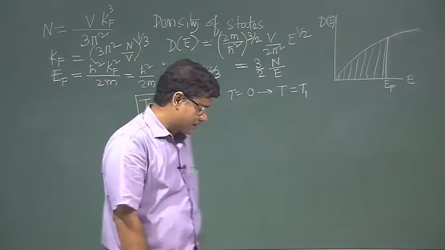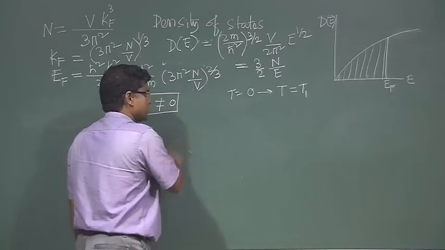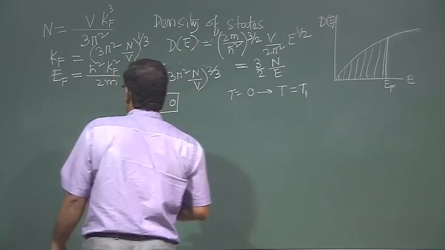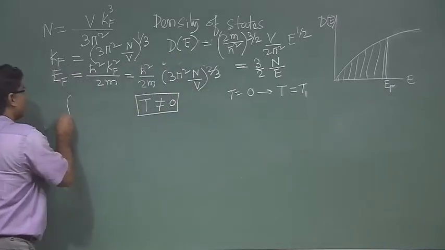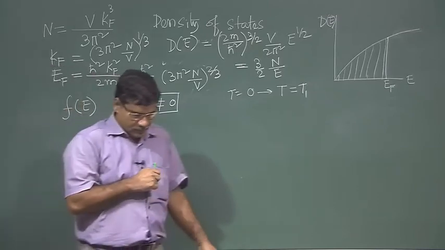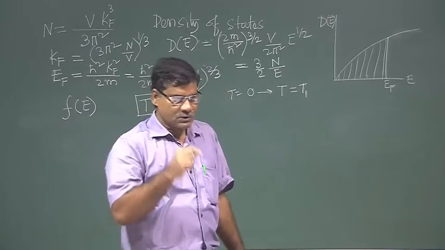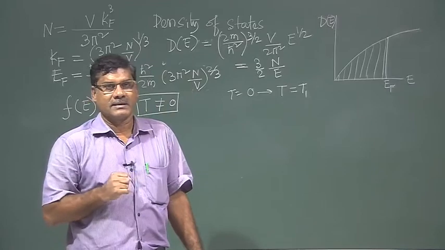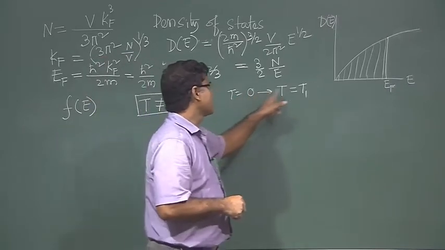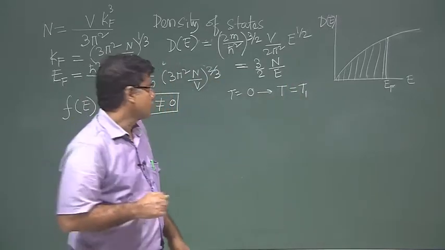For this answer we have to consider the Fermi-Dirac statistics, Fermi-Dirac distribution. That is basically the probability of an electron to stay at a particular energy state when temperature is increased from T equal to 0 to some temperature.